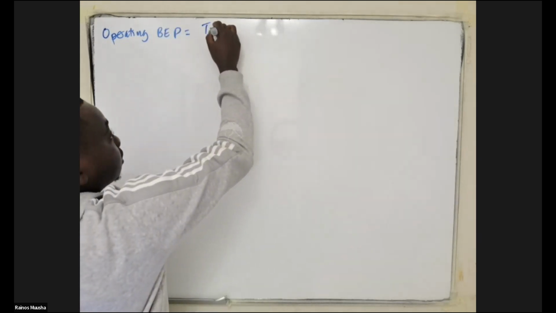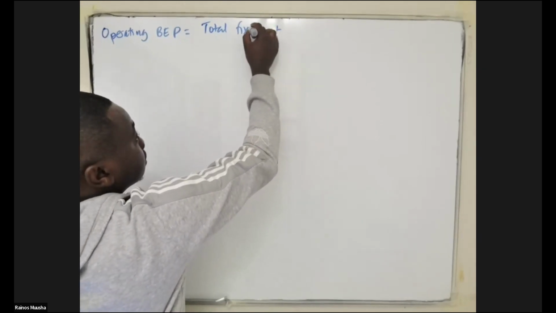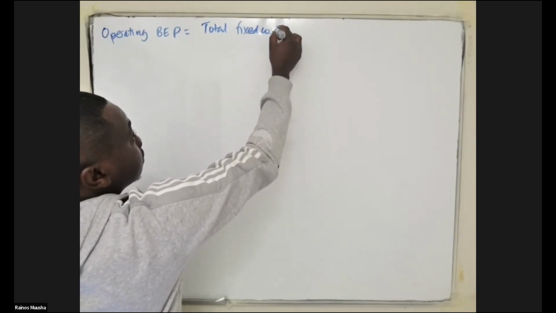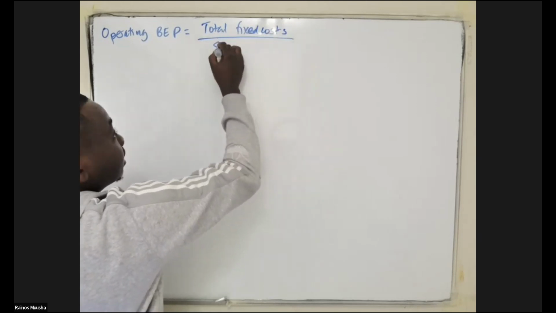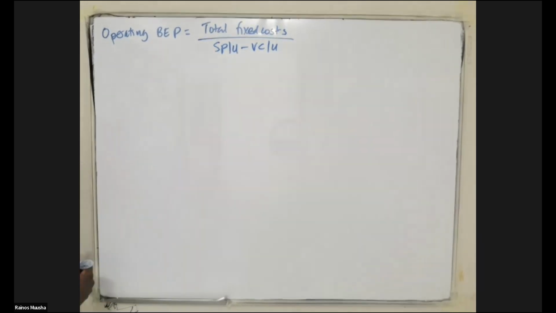the total fixed costs divided by the selling price per unit minus variable cost per unit. So this will give us the operating break-even point.